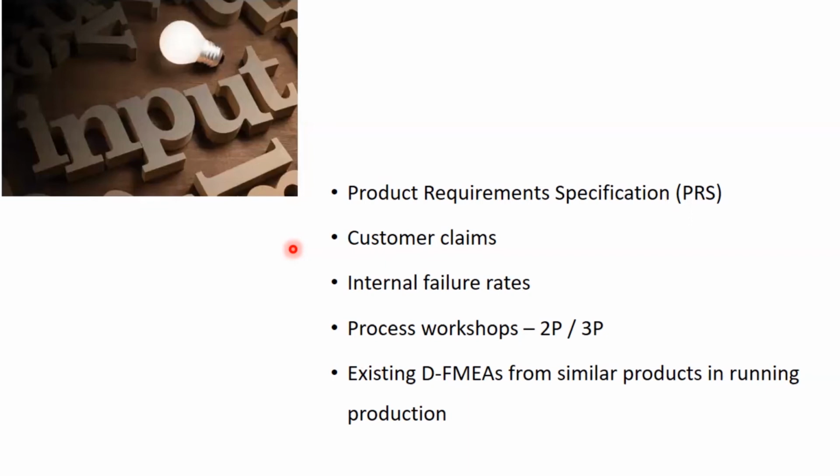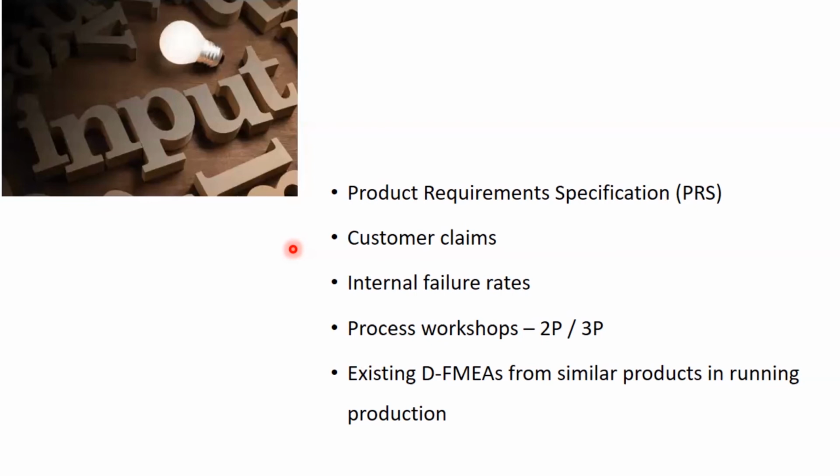The third input that we need for DFMEA is the internal failure rates. So basically, when I spoke about customer claims, that typically calls for the quality claims or the external failures that have happened or been experienced by the customer.